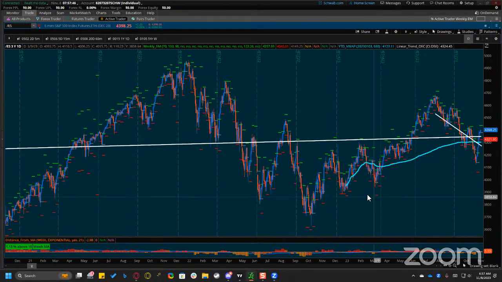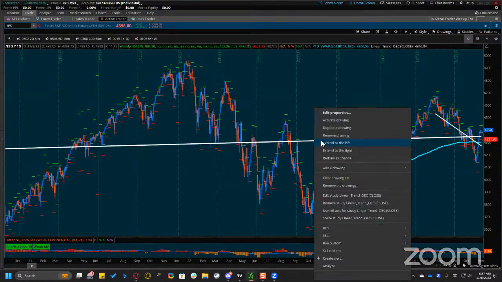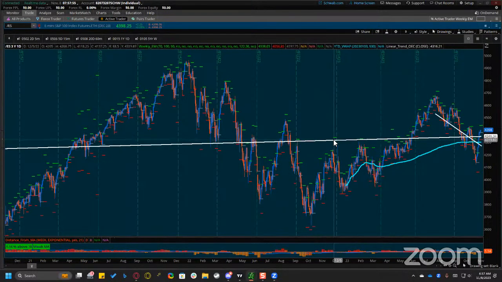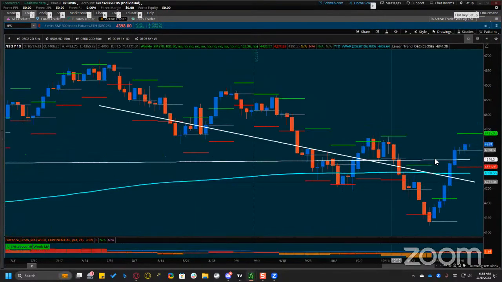Same thing here. So we've got plenty of room left for a move. That thing go away. Whatever. It doesn't want to go away.